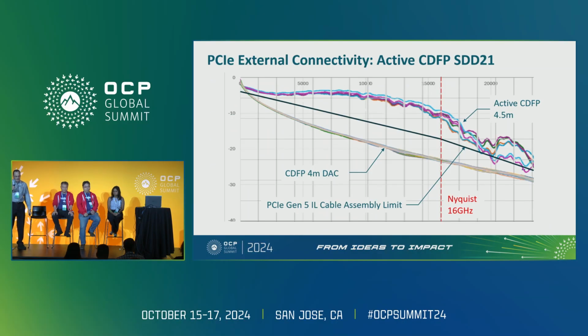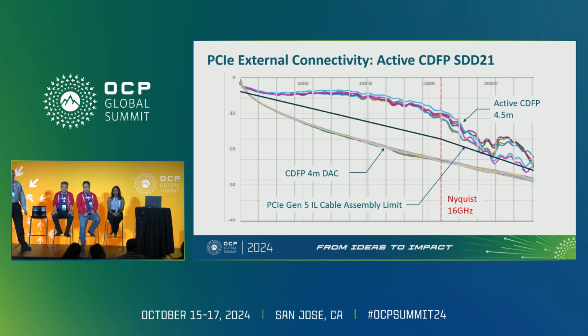Now this is an overlay of performance of the cable that we presented last year, the 4-meter passive, and you can see, as compared to the Gen 5 limit line, it's below it. Again, this cable was actually functional in a PCIe channel. Now when we look at our active CDFP cable, this is a 4.5 meter, so it's a little longer, and its loss characteristics are actually well above the line out past Nyquist.